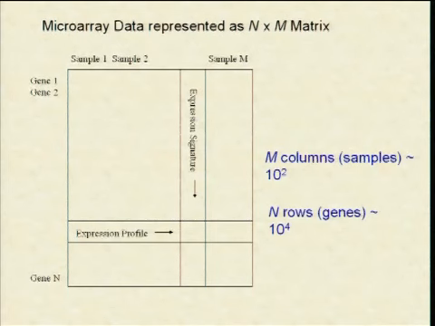Each column refers to the output from a single microarray, and the rows are the expression levels on the genes. For a given row we've got the gene profile, and for a given column we've got the signature. As you know, the number of tissue samples is generally limited, mostly in the order of 100, whereas the number of genes can be quite large.